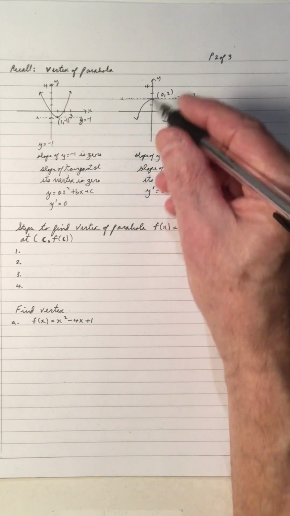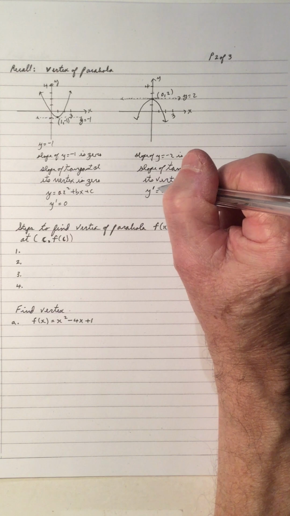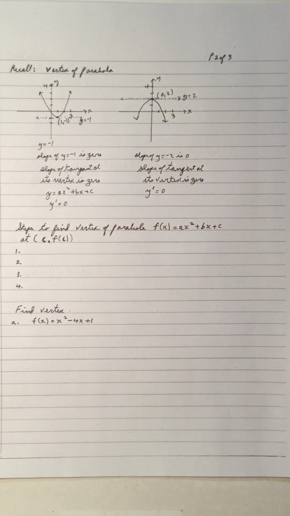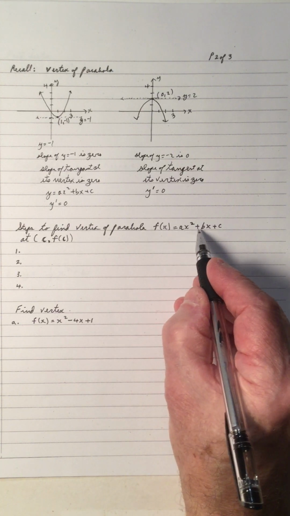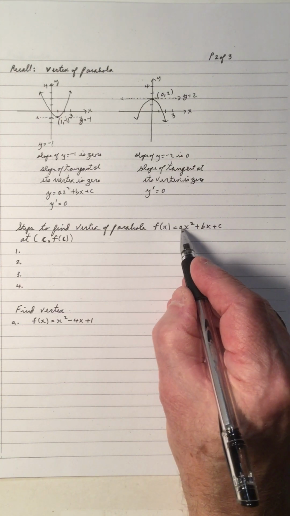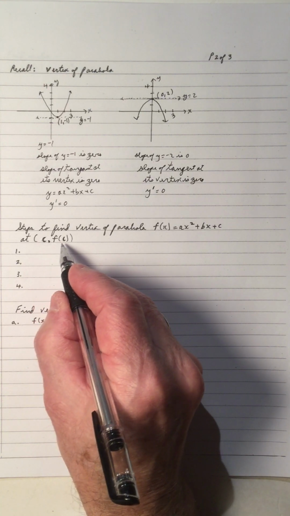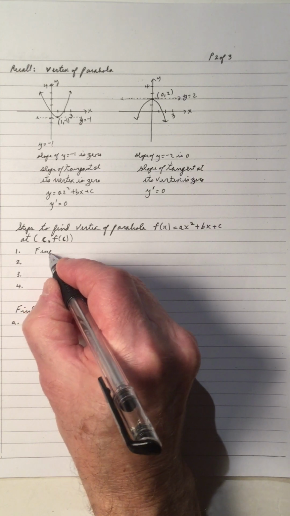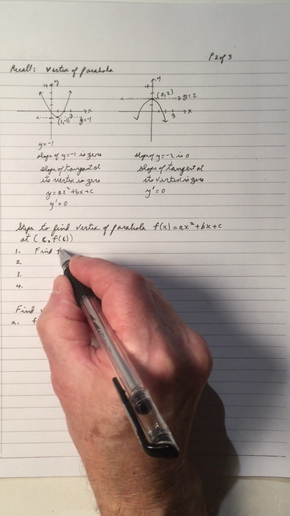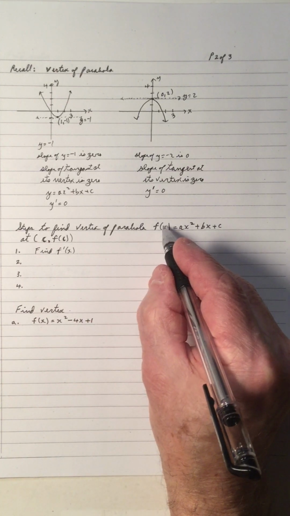So that's an illustration of how we're going to find the vertex of a parabola. The steps to find the vertex of a parabola, f of x equals ax squared plus bx plus c, notice this is a parabola, quadratic: we'll find the derivative of f of x.